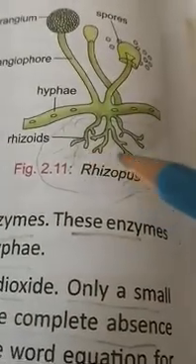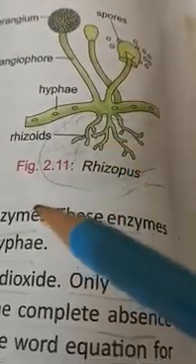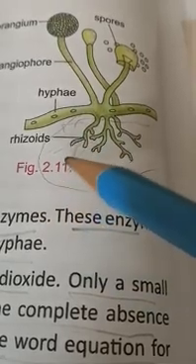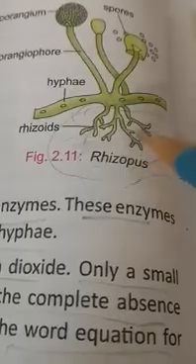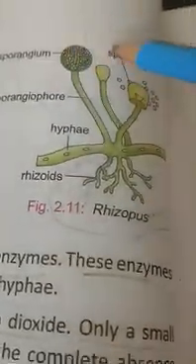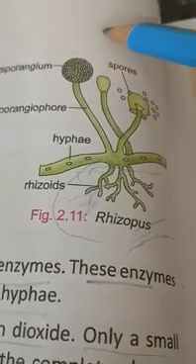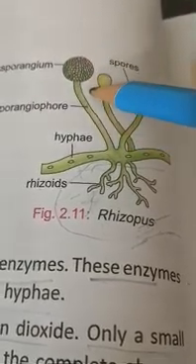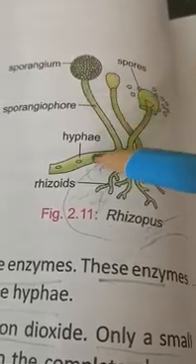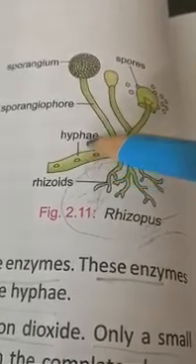Now here there is a term called diffusion. What is the meaning of diffusion? Diffusion means the movement of particles from the place where they are more in number towards the place where they are less in number. So here, the oxygen outside in the atmosphere is more than the oxygen inside the cells. So the oxygen will move from outside into the hypha through its wall.